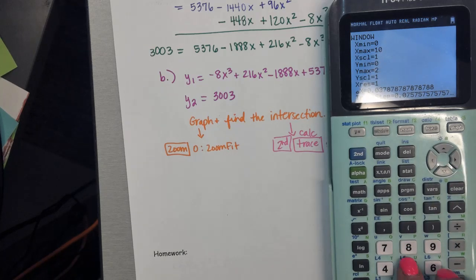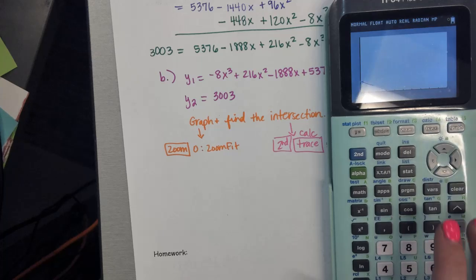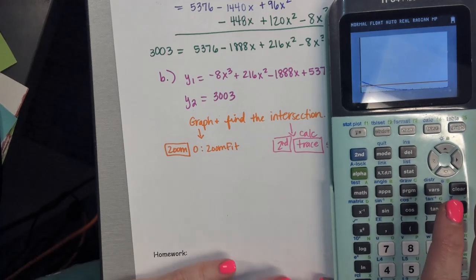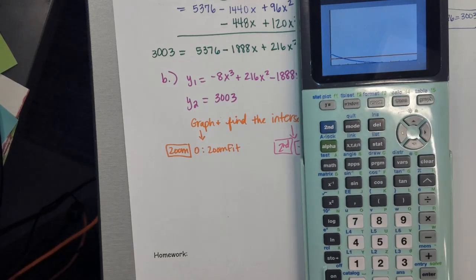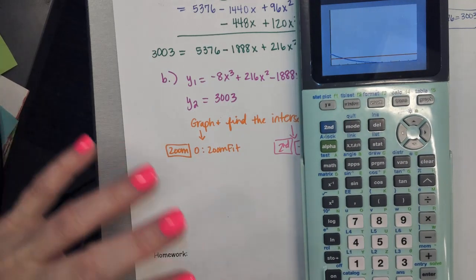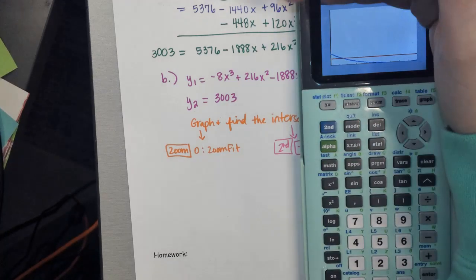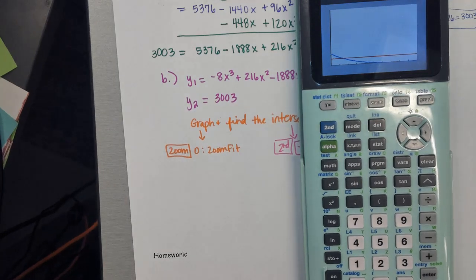I'm going to cut that in half and see what happens. Okay, that's not better, but you want to be in a place where you can use that intersect feature. I just saw it was 53,000 and that I had a lot of space up here, so I cut it in half.